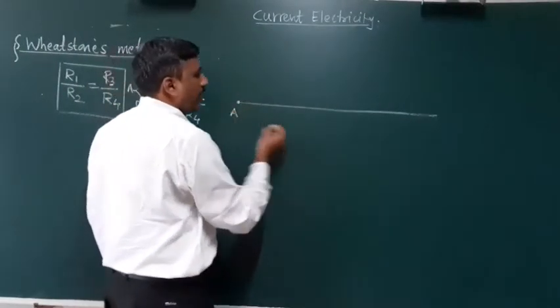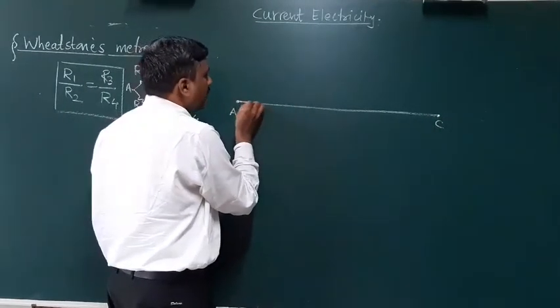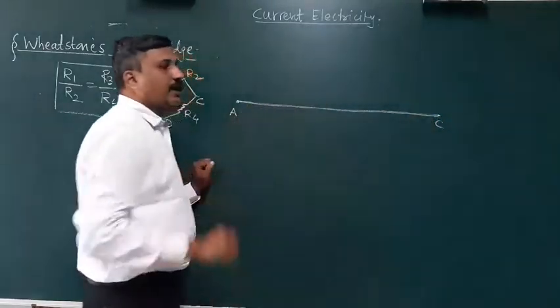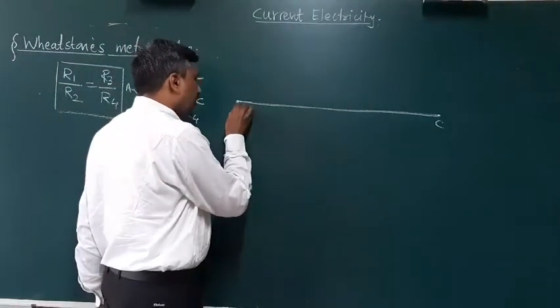This is the point A and this is the point C. This thin uniform conducting wire is fixed on a 1 meter scale.